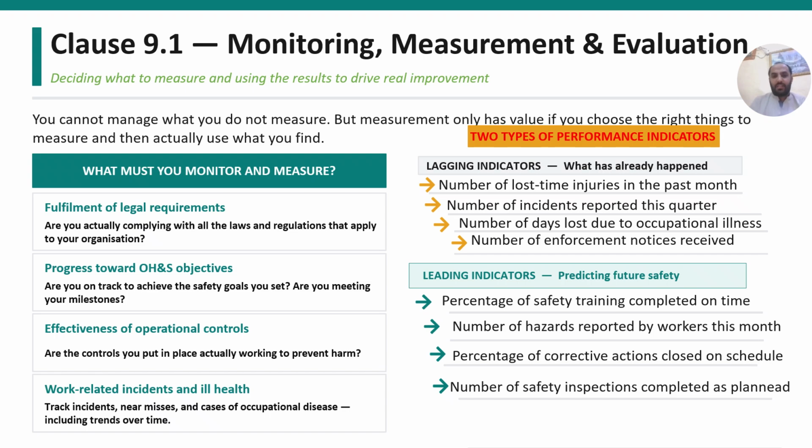Leading indicators tell you about the health of your safety system right now, in the present, before incidents happen. A well-designed monitoring and measurement approach uses both lagging and leading indicators. Lagging indicators help us to understand what has happened. Leading indicators, on the other hand, help you prevent what might happen next.